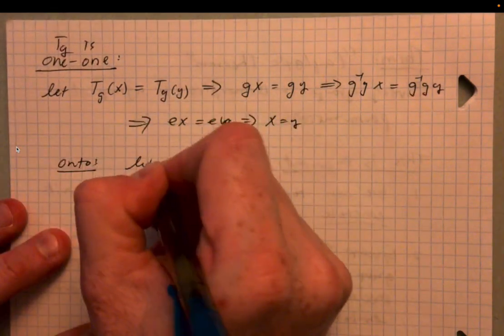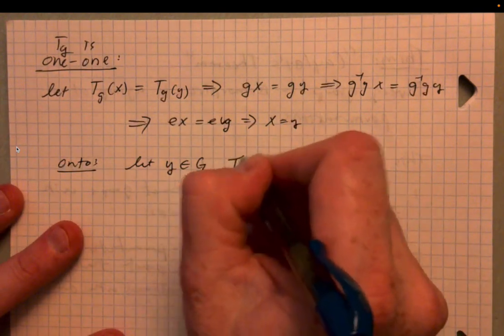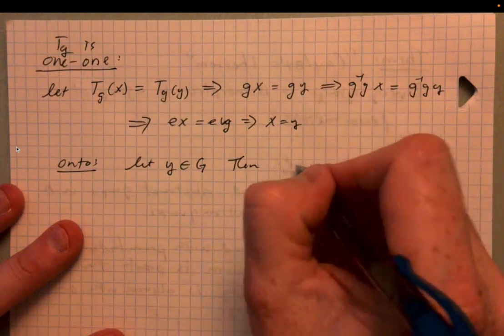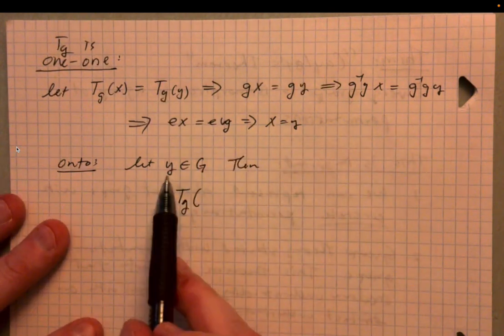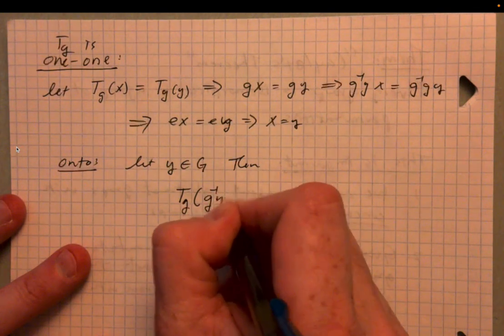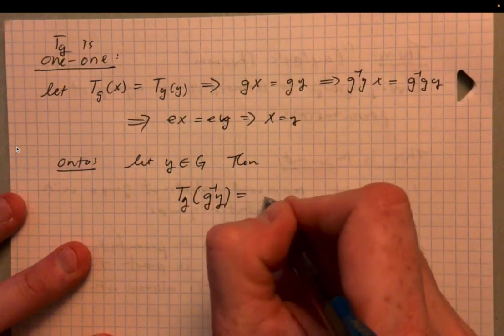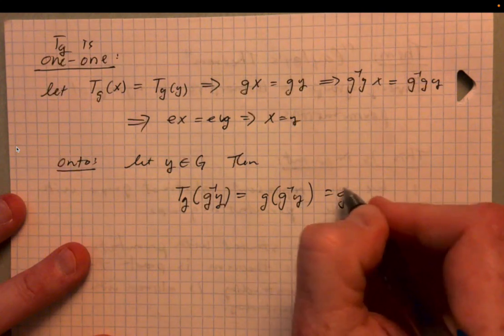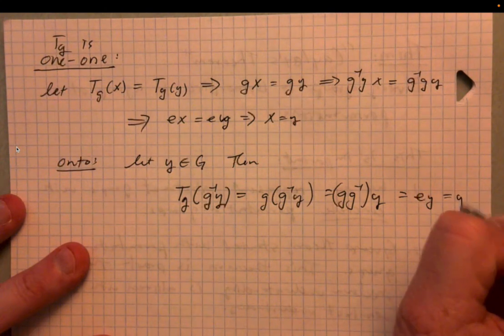Okay, so it's one-to-one. What about onto? Let y be an element in G. We're looking for an element in G that maps to y under T. That element is going to be g inverse y. Why is that? When I evaluate this, it becomes g times g inverse y, which is g times g inverse times y, which is just e times y, which is y.